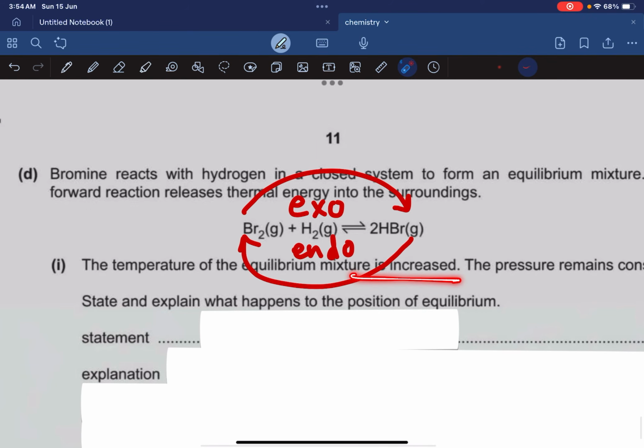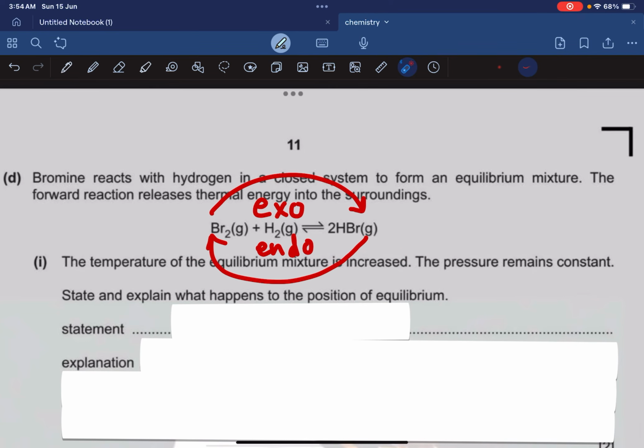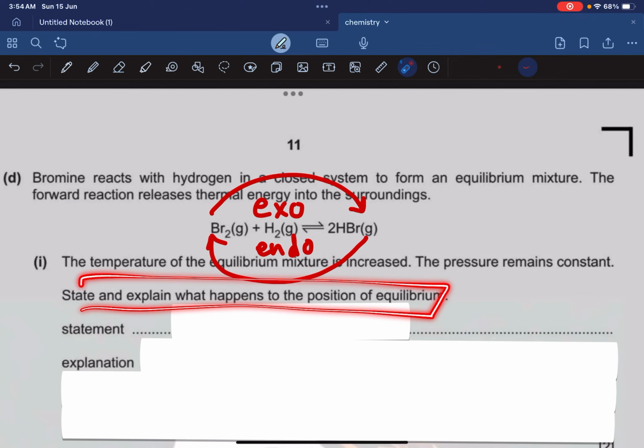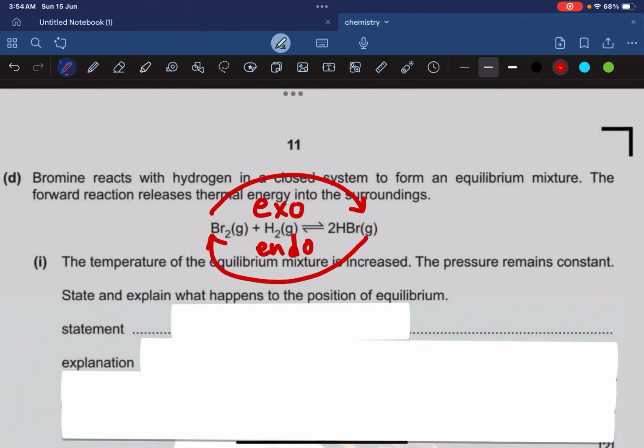The temperature of the equilibrium mixture is increased. That means when we increase the temperature, the reaction moves towards the endo side, so it's going to move backwards. The pressure remains constant. State and explain what happens to the position of the equilibrium. It shifts towards the left, or you can say backwards. Why backwards?